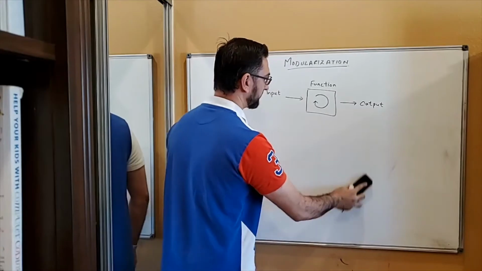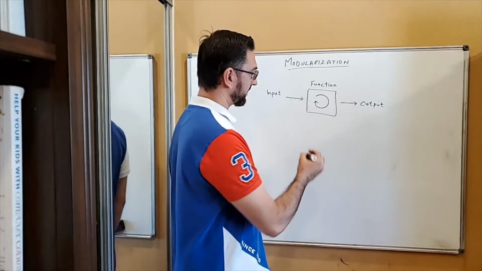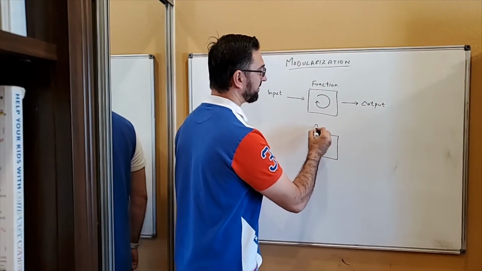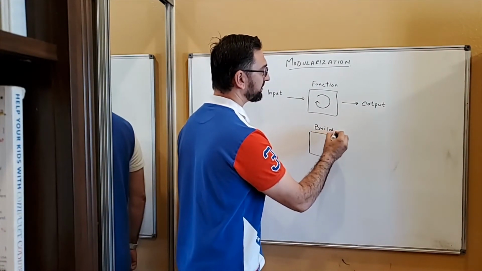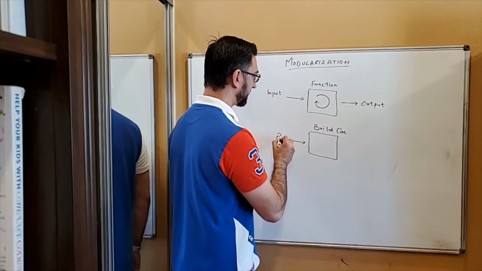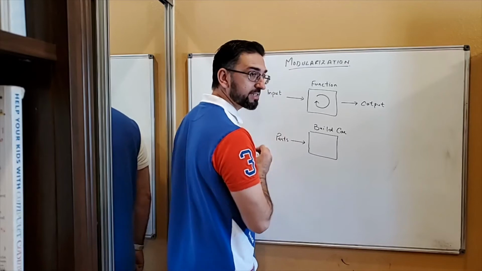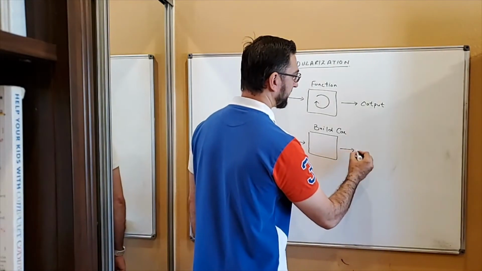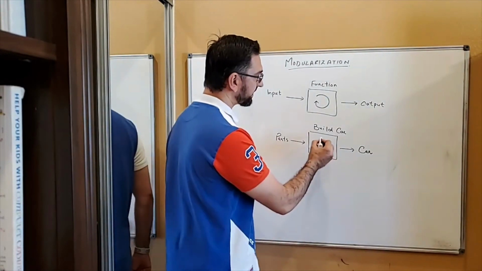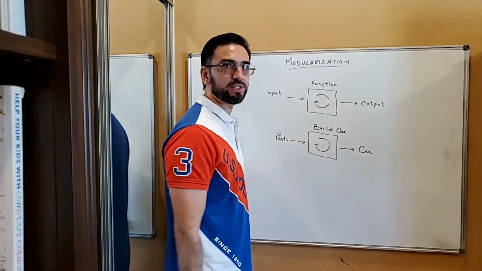Okay? So let's take an example of building a car. We have a function which builds a car. It takes some parts as its input, and it gives you the car as the output. Now inside this function could be a lot more details, right?